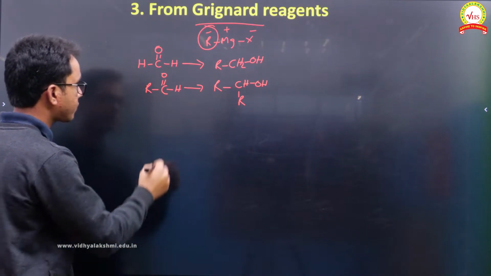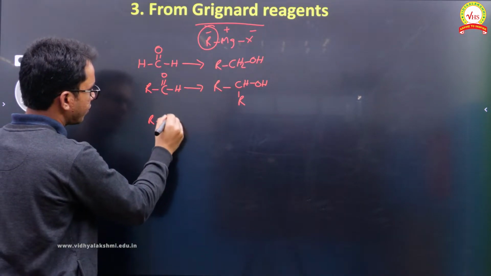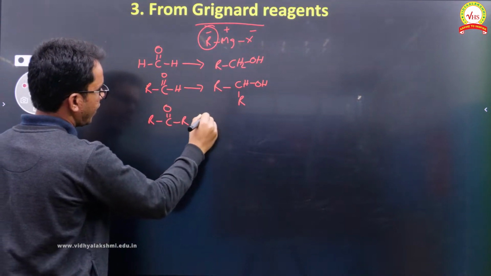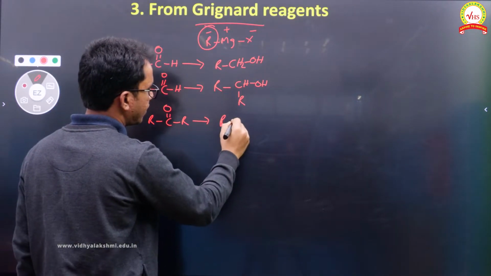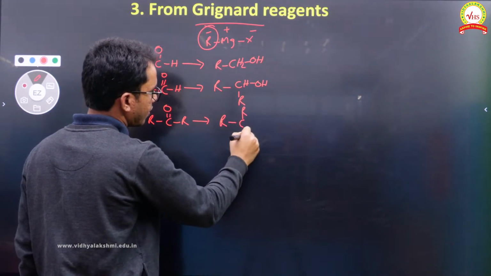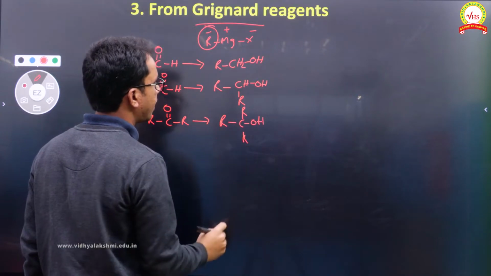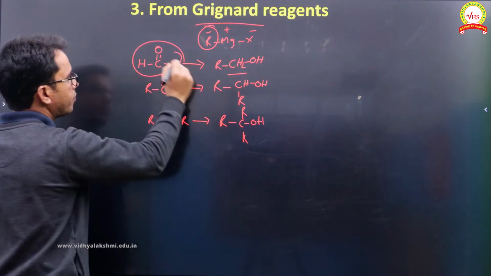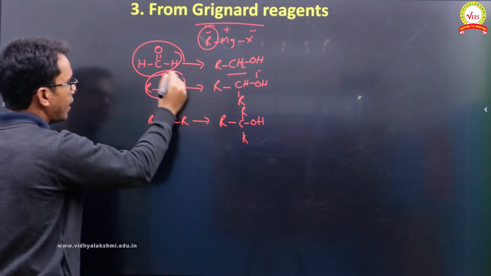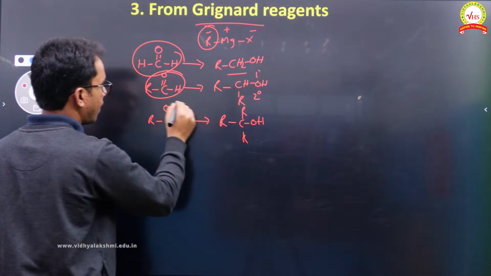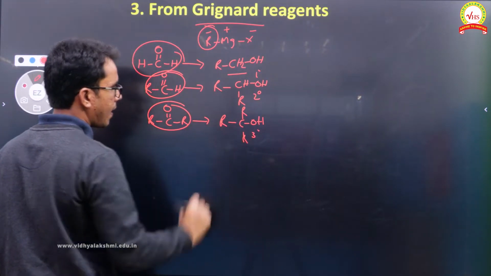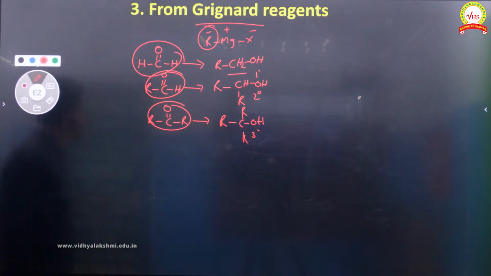If you take a ketone, it gives a tertiary alcohol. So formaldehyde gives primary alcohols, aldehydes give secondary alcohols, and ketones give tertiary alcohols. This is the basic data which we have to remember.